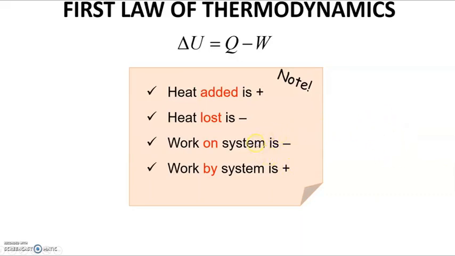However, we can think of this as an indication of whether work has been done by the system or not. For example, for work done by the system, work is positive because there is work being done by the system. For work done on the system, the system is not doing any work, so work is negative for the system. So don't get confused. It doesn't matter which one we use, we will eventually obtain the same final equation.